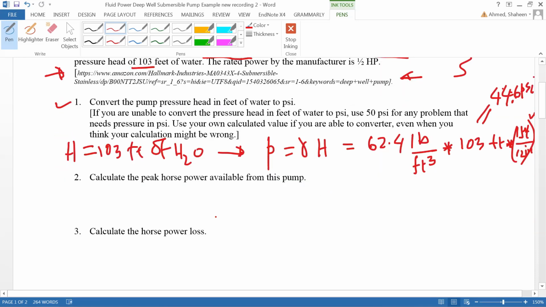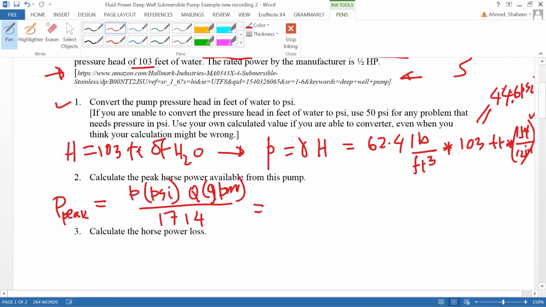Next question, peak horsepower. It says it produced peak horsepower at 11.5 gallons of flow. So that peak or maximum horsepower, we can write this equation. If pressure is in psi and flow is in gallons per minute, then divide by 1714, that will give us the value in horsepower.